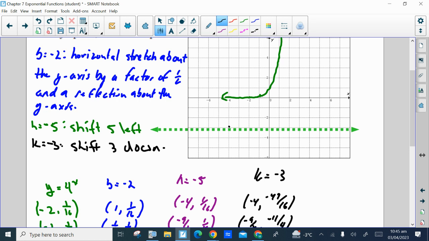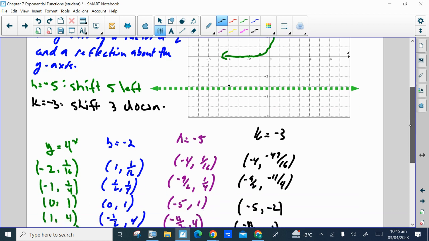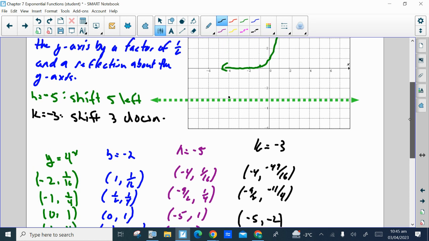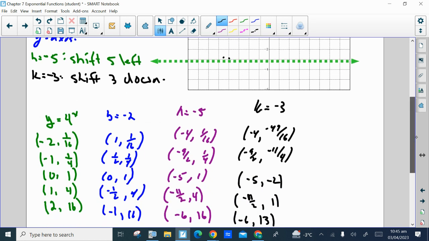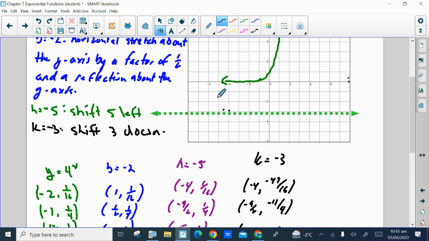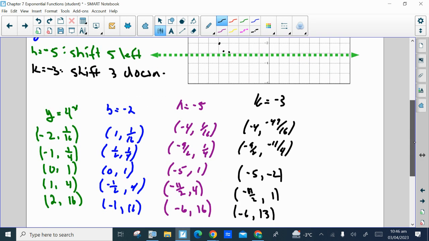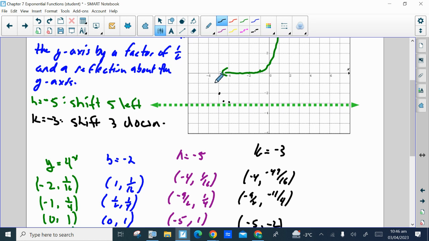The next point we have is negative 9/2 or negative 4.5, comma, negative 2 3/4. So negative 4.5, slightly above the previous point. Then we have negative 5, negative 2. Then we have negative 5.5, comma, positive 1.